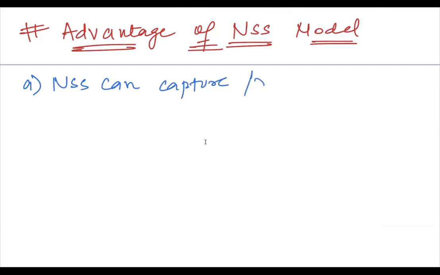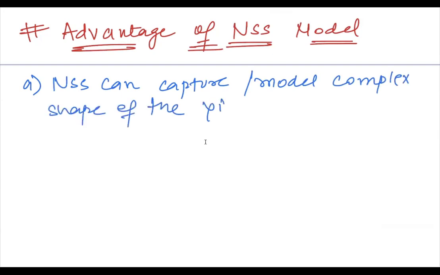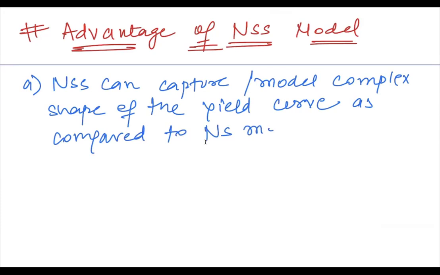We can model complex shapes of the yield curve as compared to the Nelson Siegel model. So this is the first advantage. The second advantage is that it provides a smooth representation of the yield curve.